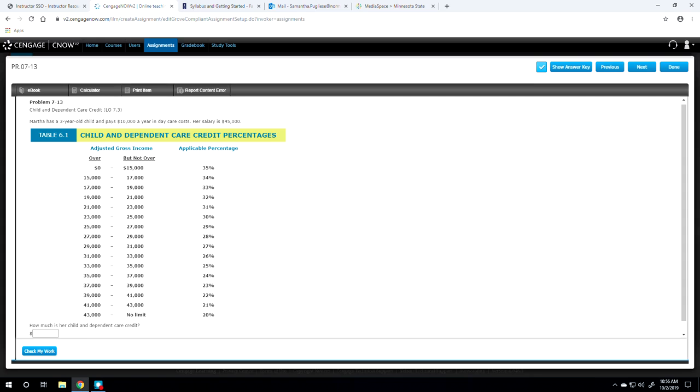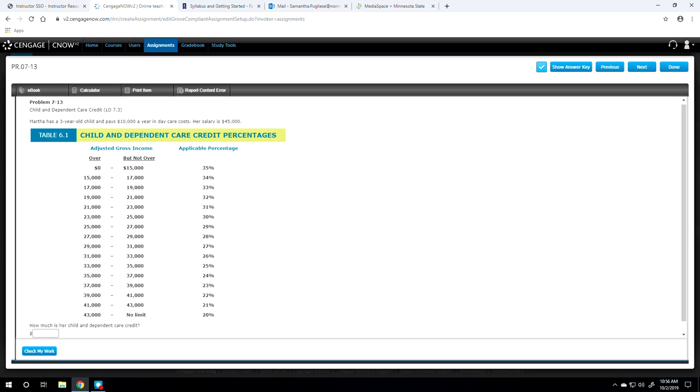And the limit per child, if you go to your book on page 7-17, in that section 7-3B, the allowable credit, in that first paragraph towards the bottom, they remind us that the maximum is $3,000 for one dependent and $6,000 for 2 or more dependents.